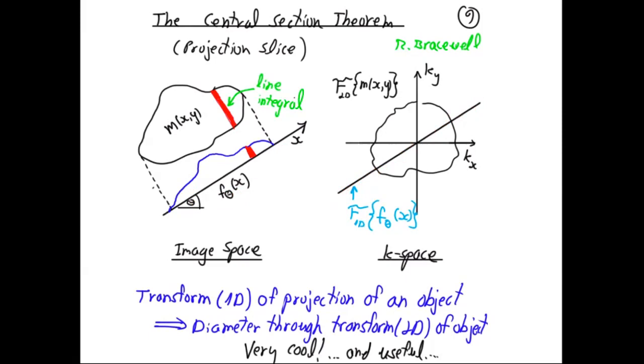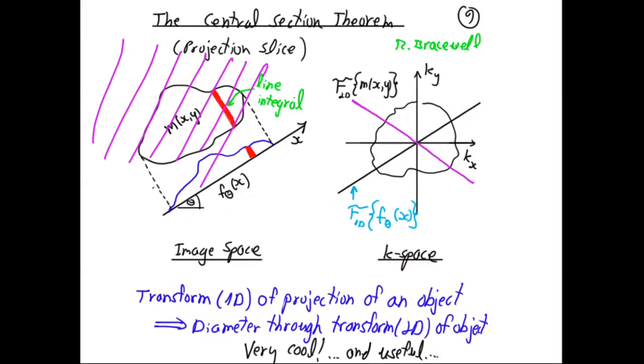So making a projection along this axis is the same as evaluating a one-dimensional line on the 2D Fourier transform. If I then performed a projection in this direction, that would give me this line in the Fourier transform.